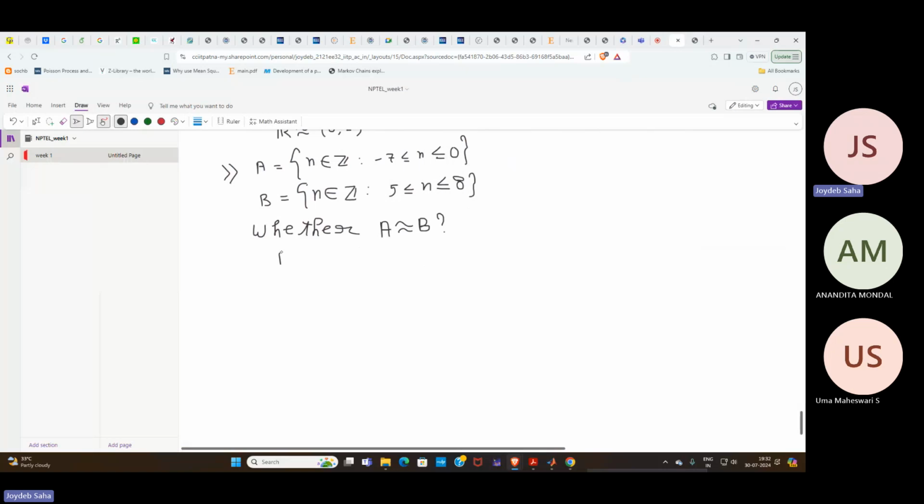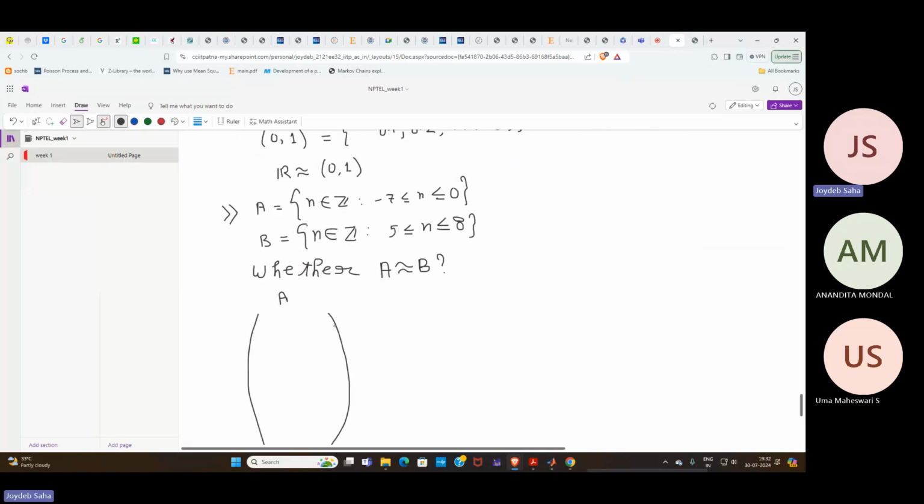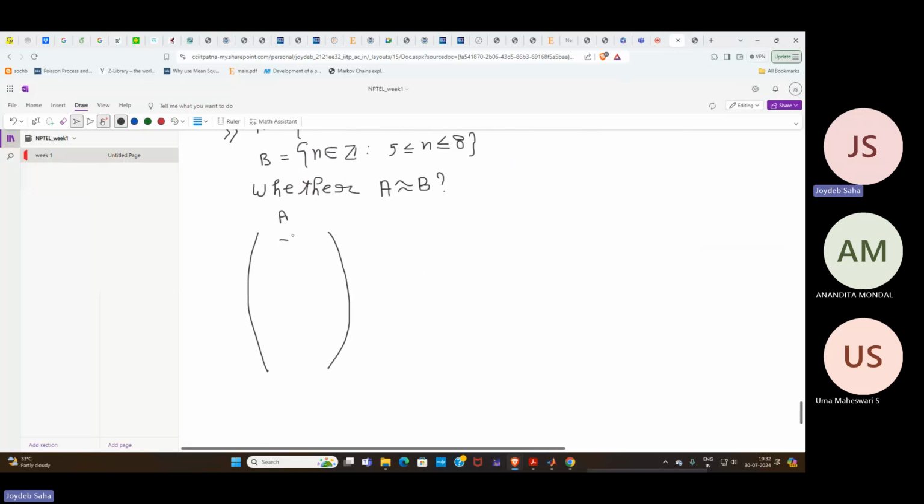So let us map it first. A is from -7 to 0. And what about B?